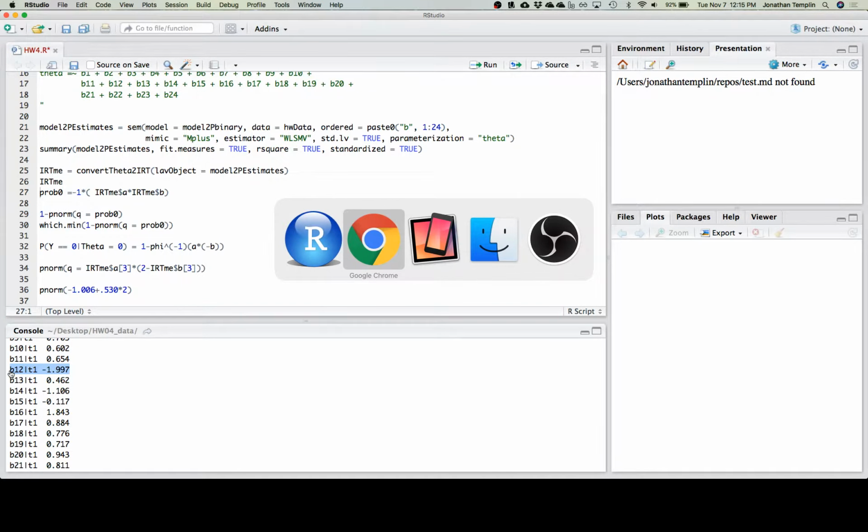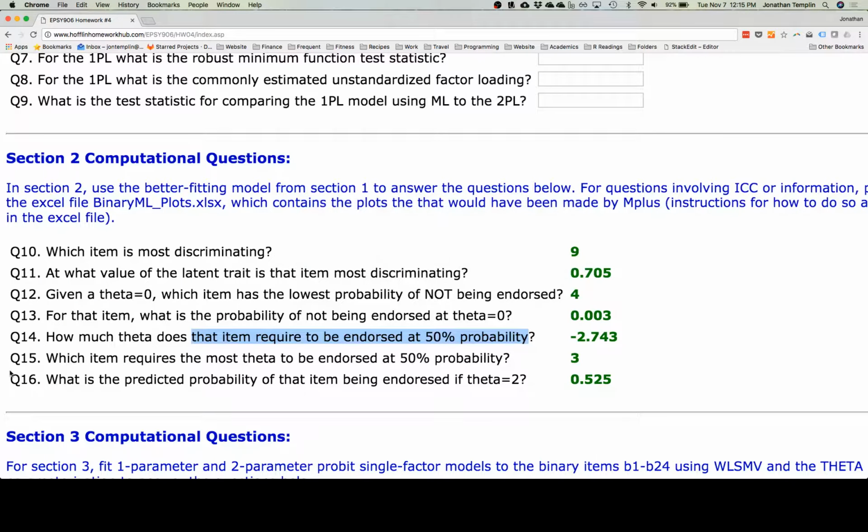And you'll see the online system thinks it should be negative 2.743. So, in your homework for item 14, negative 2.743. I'm saying that to emphasize it. So if you're going back to this at a later date and time, the beginning part of the video today, here you go. Okay?